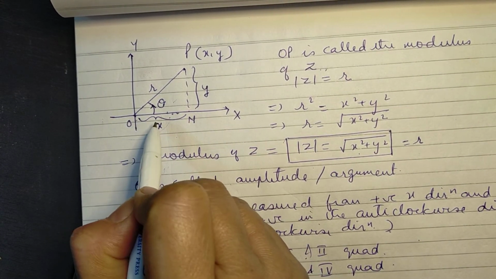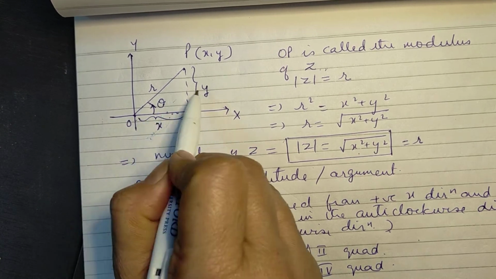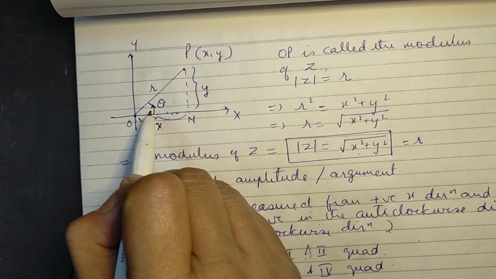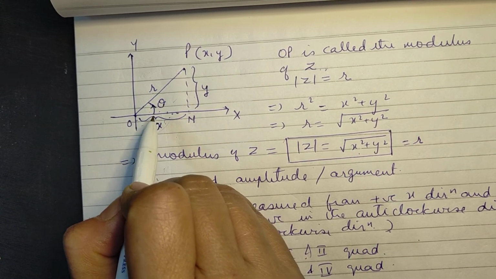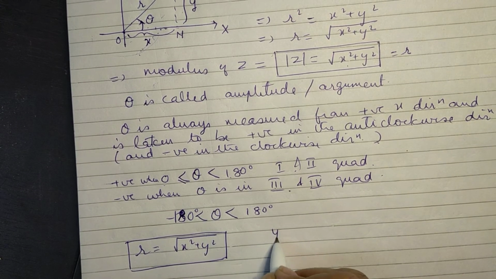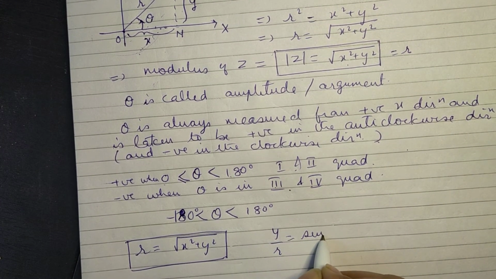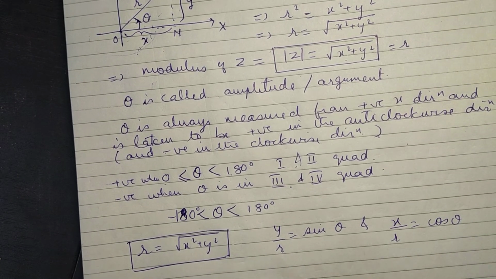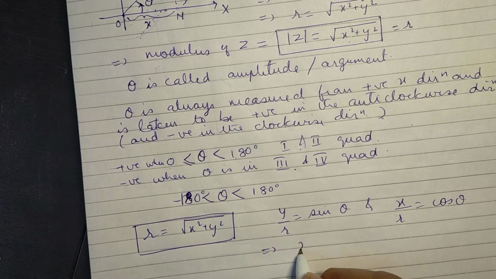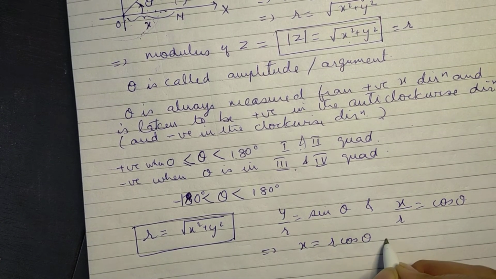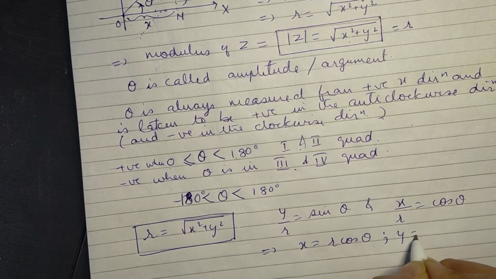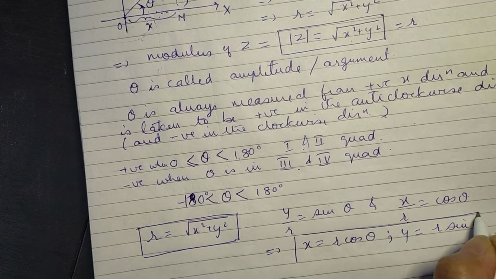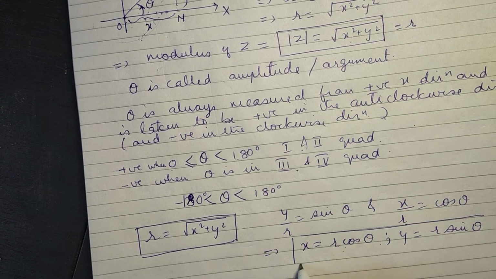Now y upon r is sin theta, and x upon r is cos theta. So we can write x equal to r cos theta and y equal to r sin theta. This is the representation of x and y in terms of r and theta.